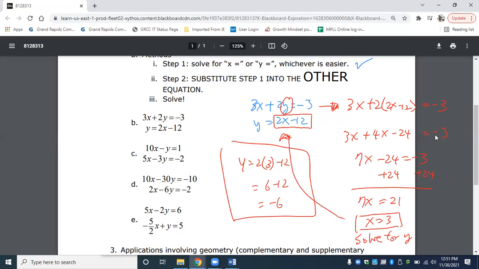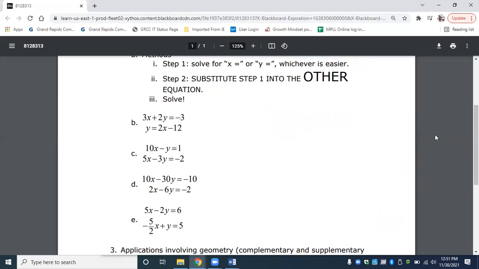All right, now let's move on to the second question. You have 10x minus y equals 1, and 5x minus 3y equals -2. Again, I want to solve for x equals or y equals. I think in this case, it's easier to take the first equation and solve for y.